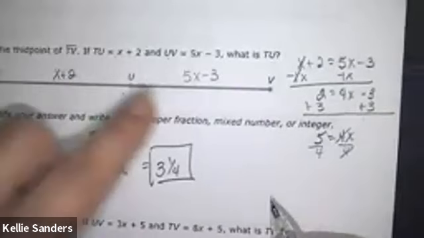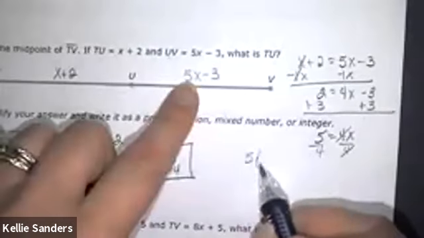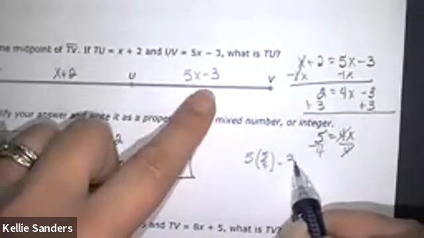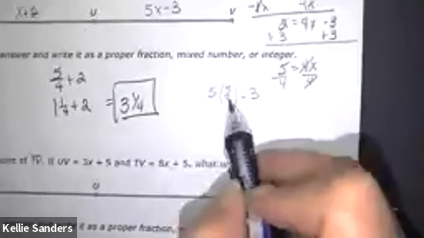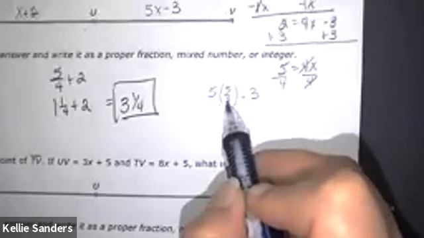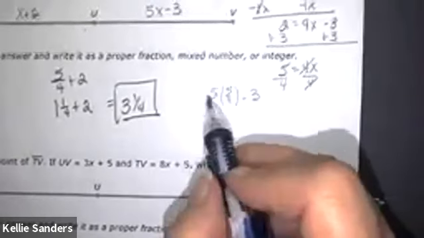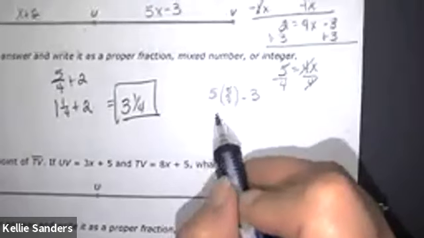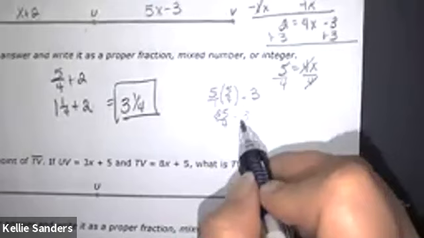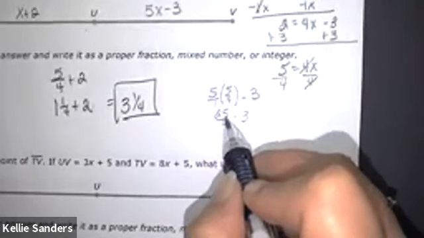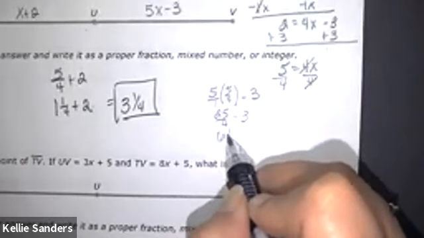If I wanted to check it, 5 times 5 over 4 minus 3. If you remember, to multiply fractions, multiplying fractions is no problem. Top times top and bottom times bottom. So that'd be 25 over 4 because we would put that over 1. 4 goes into 25 6 times with 1 left over.